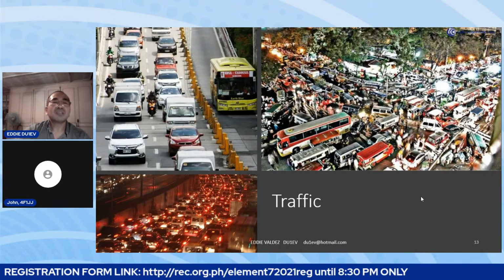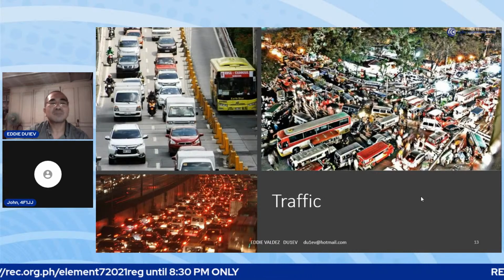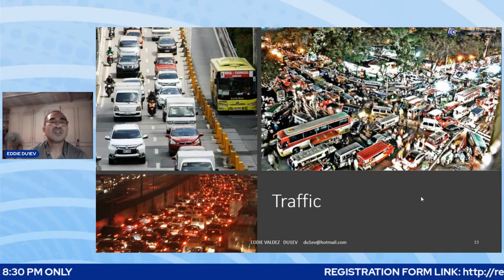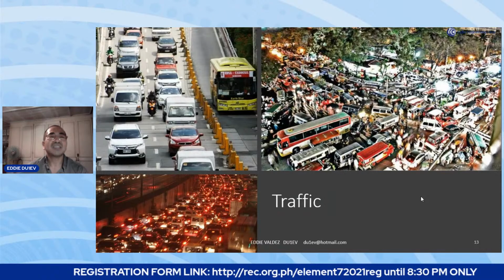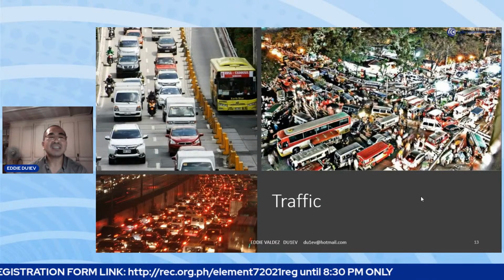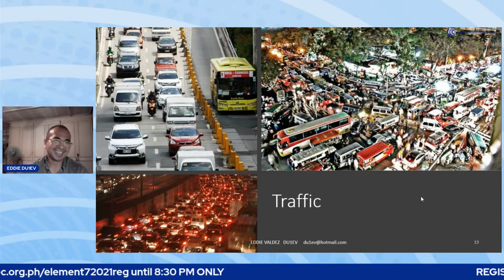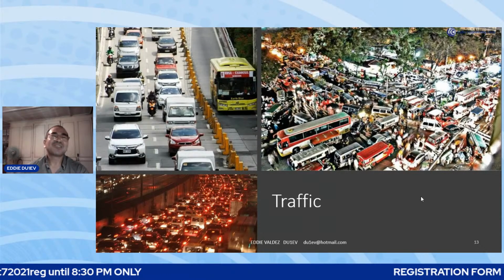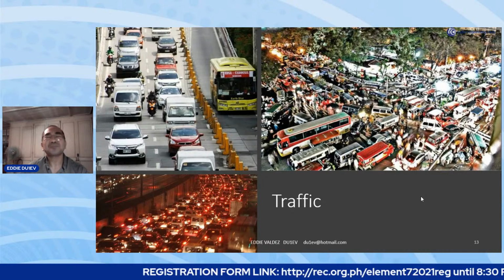But if you look at the frontmost motorcycle you will see, anong napapansin ninyo? Nasa guhit, di ba? Dun sa dividing line. Tama ba yan? Natural ang sagot ay mali.